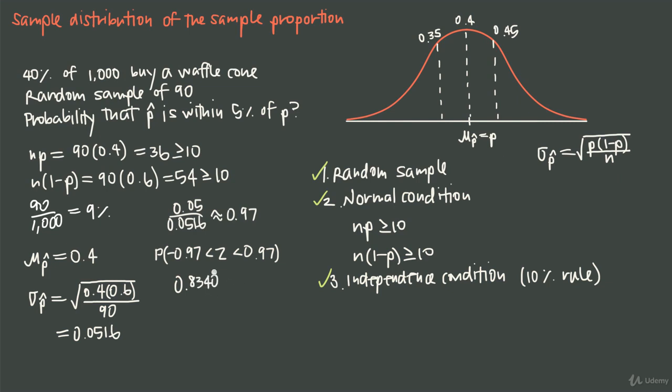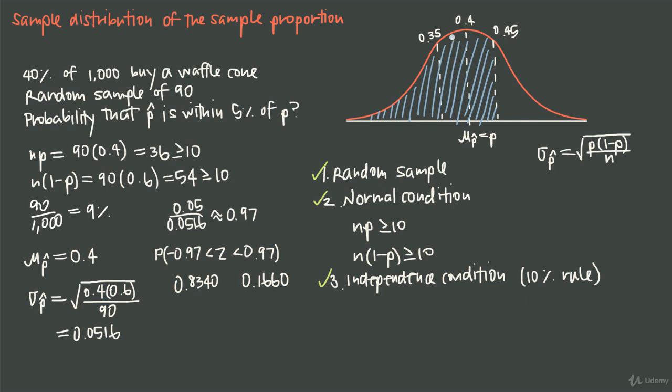And if we look up a value of negative 0.97 in our z-table, we get 0.1660, which really means that the probability that we are less than positive 0.97 is all of this area here, and that probability is 0.8340.